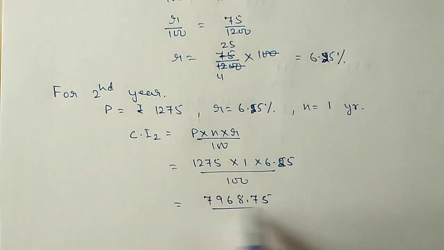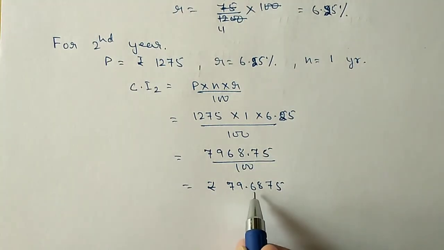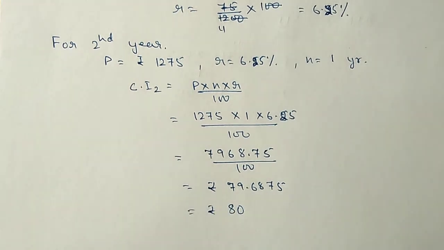Then here we'll get 75 by 100. This is 79.6875, and we have to round off to the nearest rupee. So after the decimal, this 6 is more than 5, so the nearest rupee will be 80 rupees. So the answer here is 80 rupees.